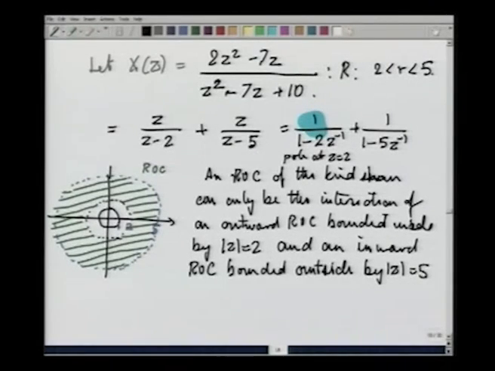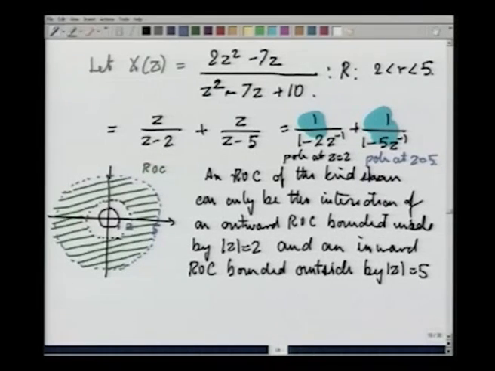This second term over here has a pole at z equal to 5.